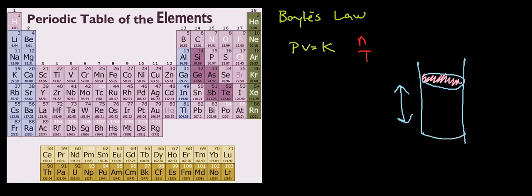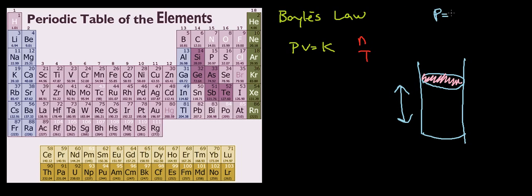And when I change the volume, the pressure is going to change, because if I give more space for the gas to move, then there will be less pressure, there will be less force exerting on this lid, because it will have greater area.